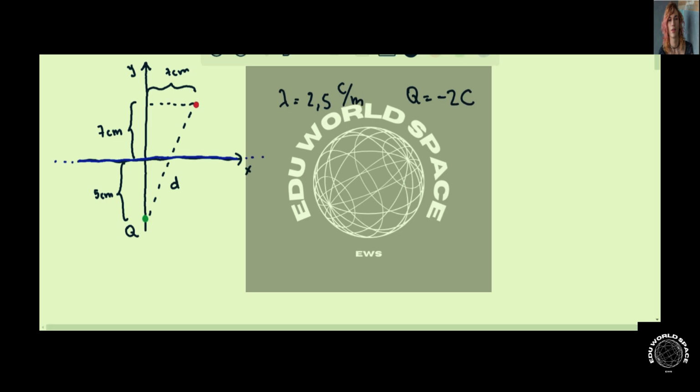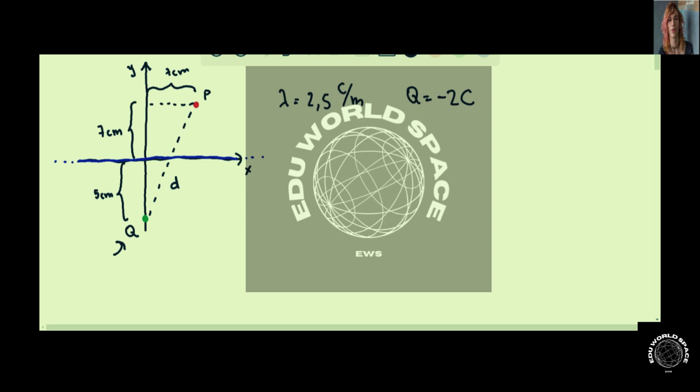Hi there. For this problem, we need to calculate the electric field at a point P, the point in red, that is caused by a long uniformly charged thread along the x-axis and a small charged sphere Q, which is in here.